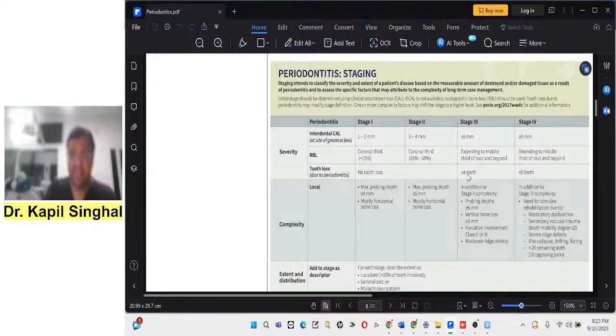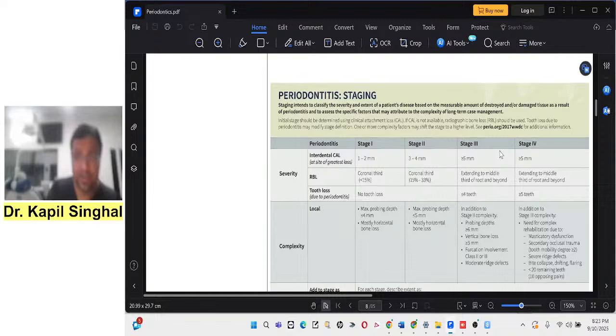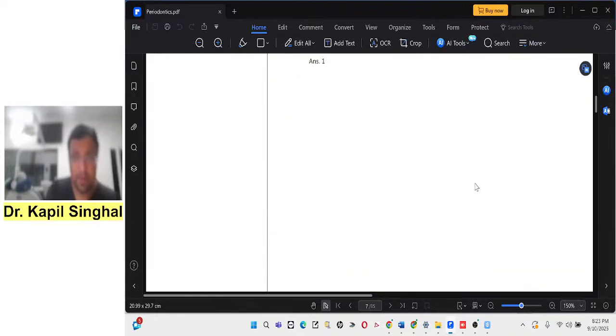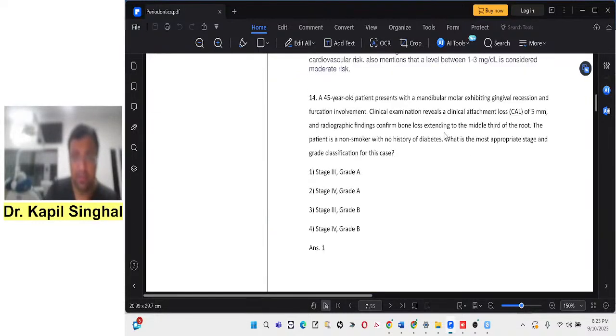Maybe they have mentioned the number of teeth involved is less than 4 or more than 5, so it will differentiate it. In other options, it could be more probing depth, vertical bone loss. If there is any additional complexity, I think they should have mentioned it in the question, such as the number of teeth involved being less than 4 or more than 5. Anyhow, whether it is stage 3 or stage 4, it will depend upon these three values that we have to decide.